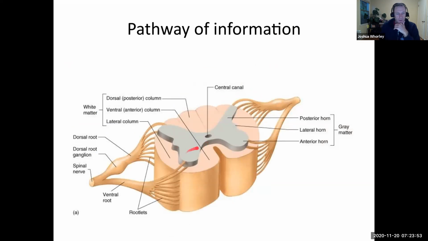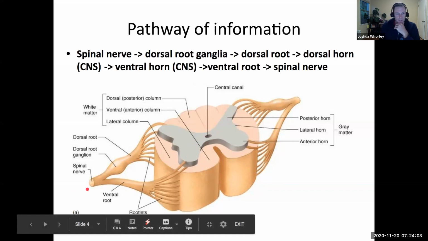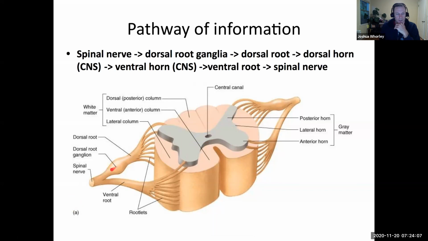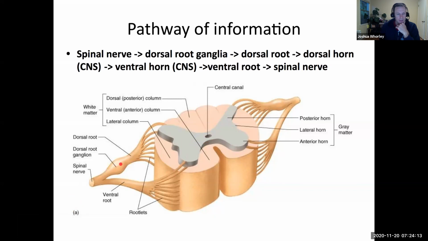And again, the pathway of information, this is just taking a cut or a segment and popping it out. You can see here is a spinal nerve coming in, right? And then information would be diverging into this dorsal root. And here we have a dorsal root ganglia, and this is where we have cell bodies of sensory neurons. And then those branch into tiny little rootlets, but they're all carrying information to the gray matter of the spinal cord.